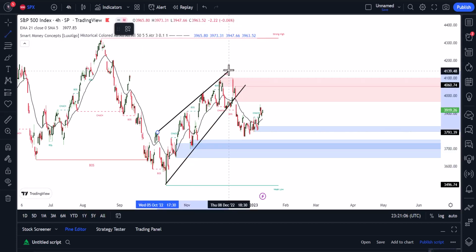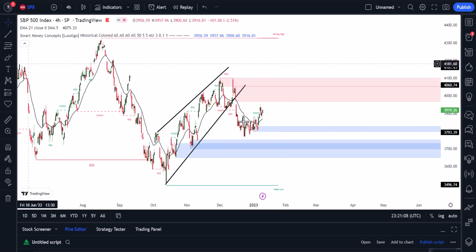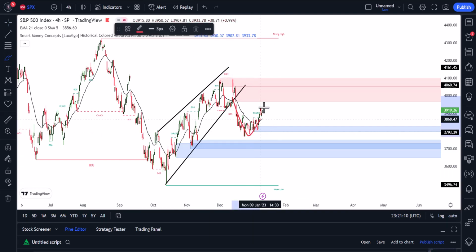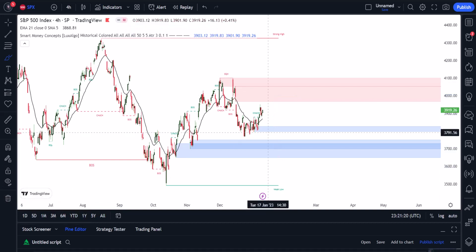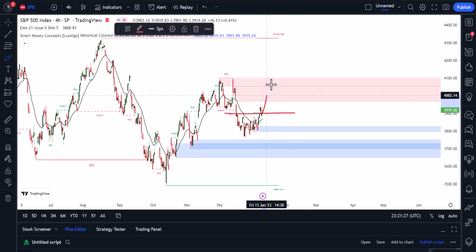Here we also have the rising wedge pattern, and it completed the breakout and the retest, and as I showed you, at this point is the 61.80% of the Fibonacci. After reaching this area, it's going to fall down. So according to me, SPX is short term buy and then long term sale.